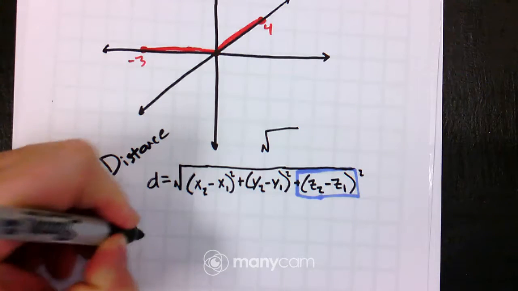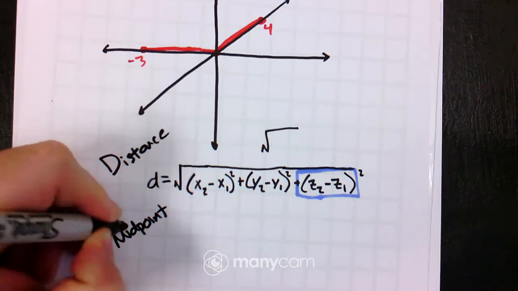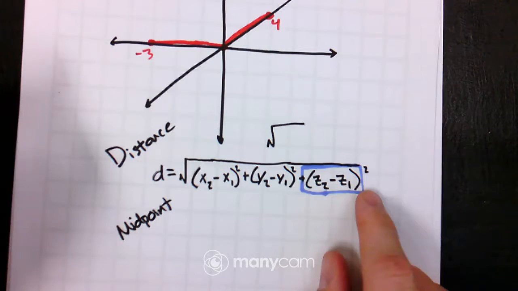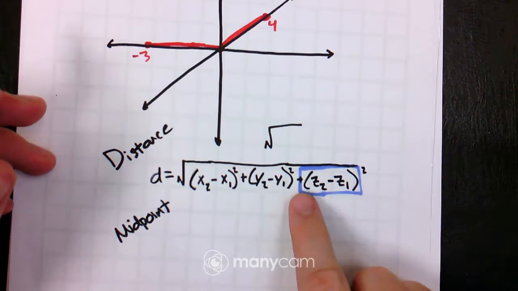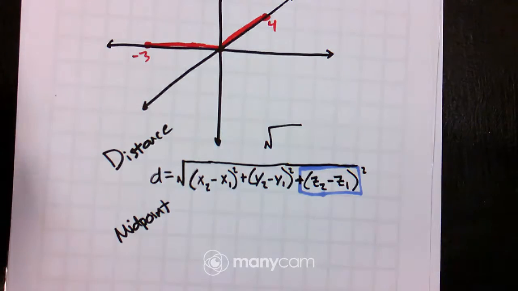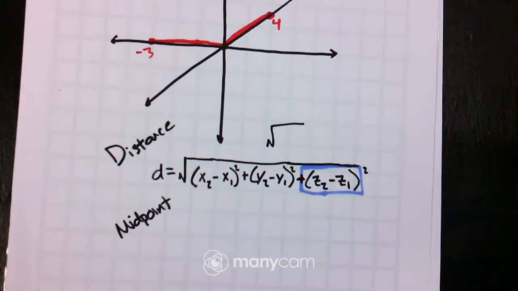Same thing for midpoint. Yeah, Ned? Is it plus Z2 by Z1 or minus? Yeah, it's Z2 minus Z1. No, the squared. Plus or minus? Right here? Yeah. Plus. Because with distance, you will add them all together, but when we're going to find the difference, okay.